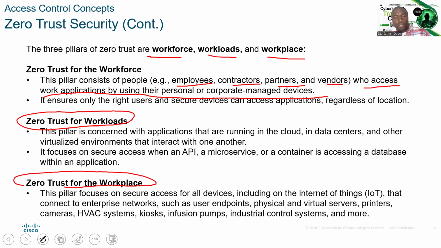This pillar focuses on secure access for all devices, including your IoT devices that connect to your enterprise network, such as maybe your endpoint devices, your physical and virtual servers, your printers, cameras, and all whatnot. So any device that you have that connects to your network, don't have a general trust for all of them.